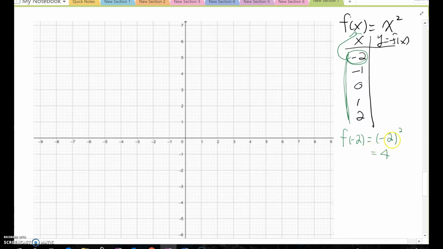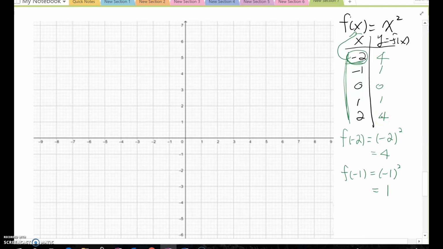Which is 4. So when x is -2, the outcome becomes 4. Let's do one more. What is f(-1)? Then it becomes (-1) squared. Therefore, it becomes 1. If I do all the similar procedure when x equals 0, 1, and 2, you will get 0, 1, and 4.